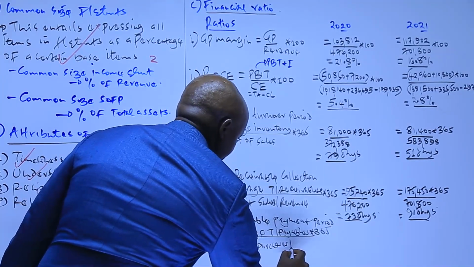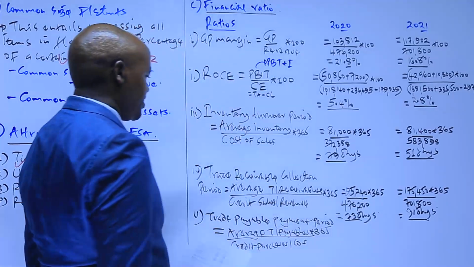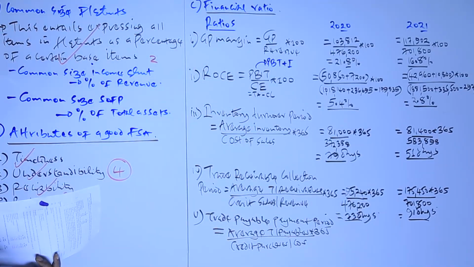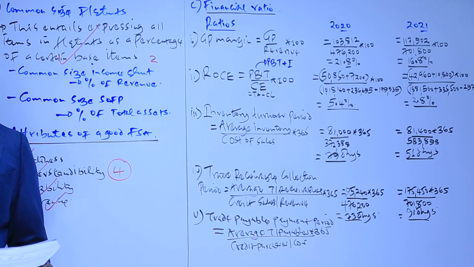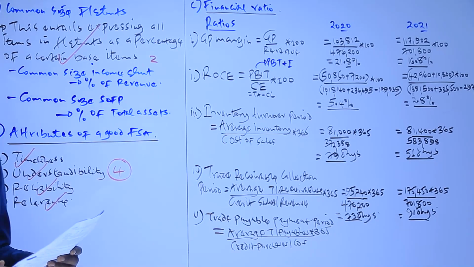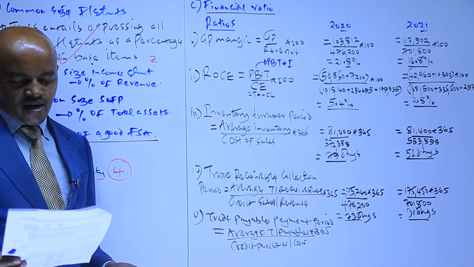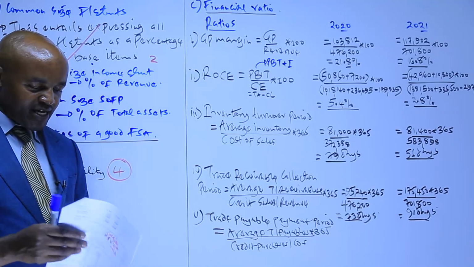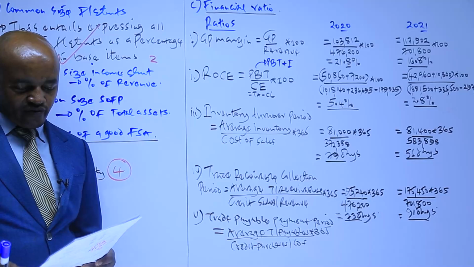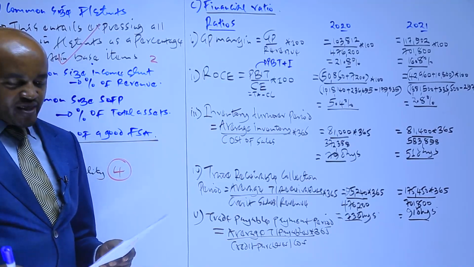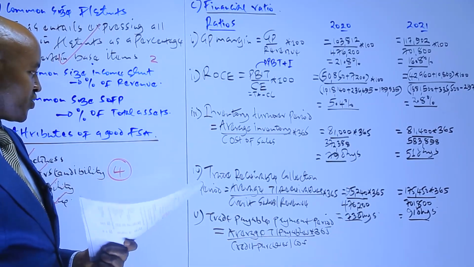In the event the examiner has not given you the credit purchases, you instead use the cost of sales. But if you check what you're given in this question, we are told in the income statement that the purchases of the company were the same as the cost of sales.